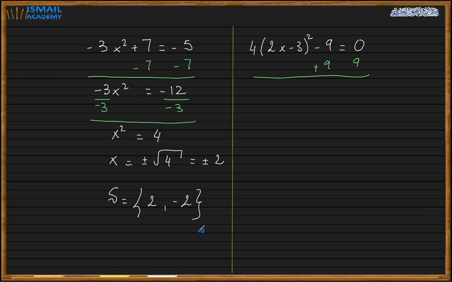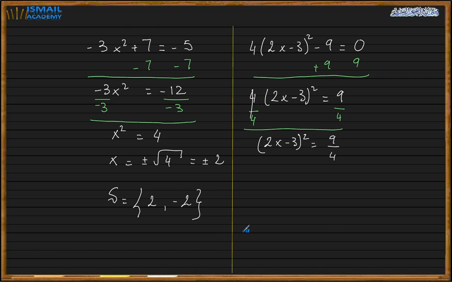So I will end up having 4 times (2x minus 3) squared equal 9. Divide by 4 on both sides. So we'll end up having (2x minus 3) squared equal 9 over 4.